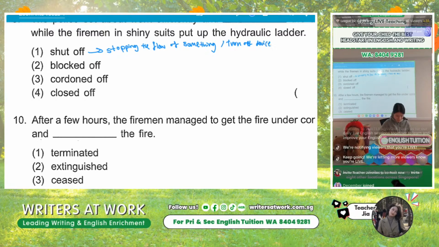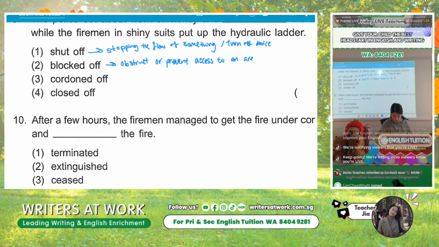Okay, we also have the words blocked off. Blocked off refers to obstruction, to obstruct. Okay, you have to obstruct or prevent access to an area.